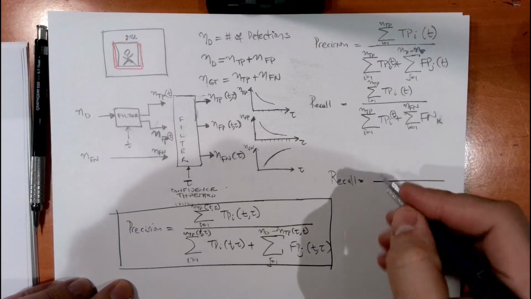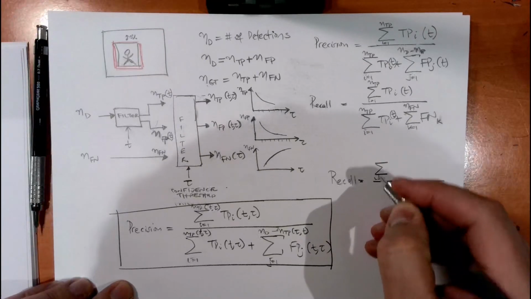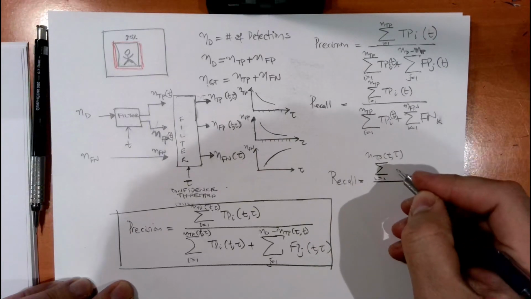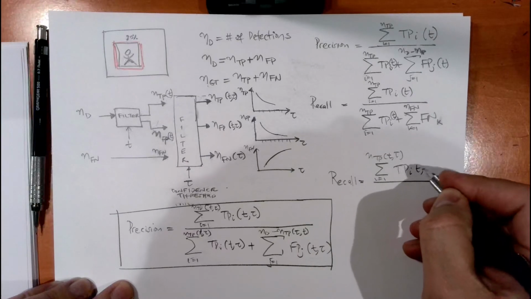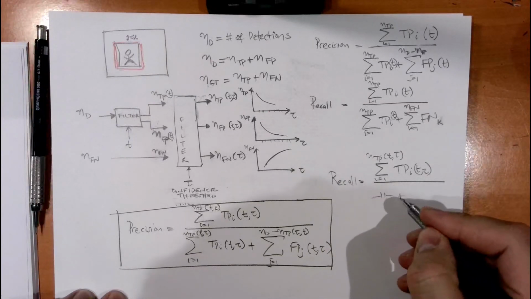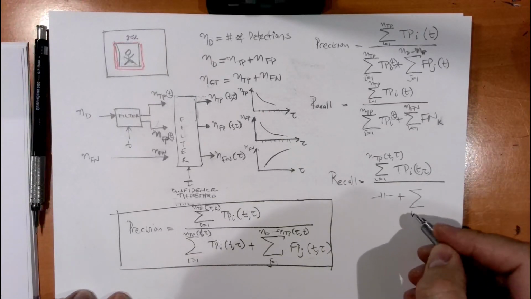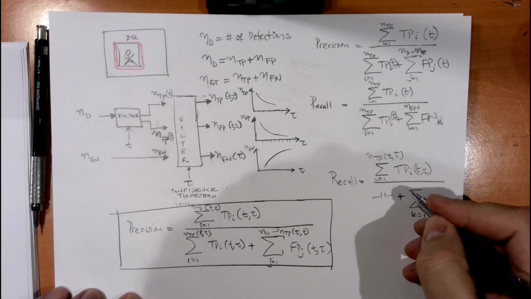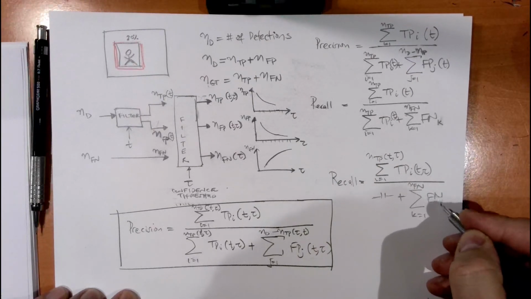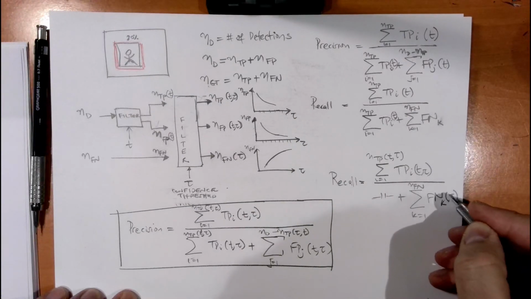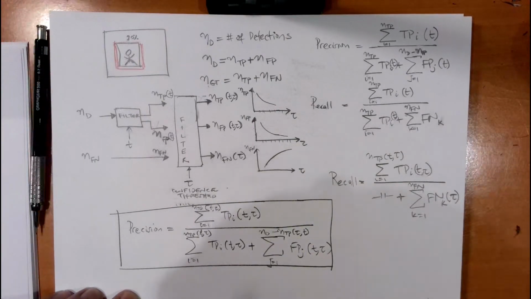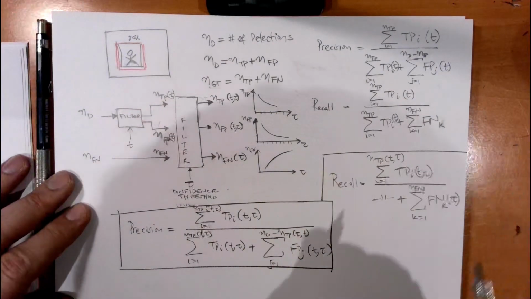It's going to be a summation from i equals 1 to N_TP of t comma tau, of TP_i of t comma tau, this term again, plus the corresponding false negatives, but FN_k of just tau, just the confidence threshold, for the reasons we explained. This is the corresponding final equation for recall.